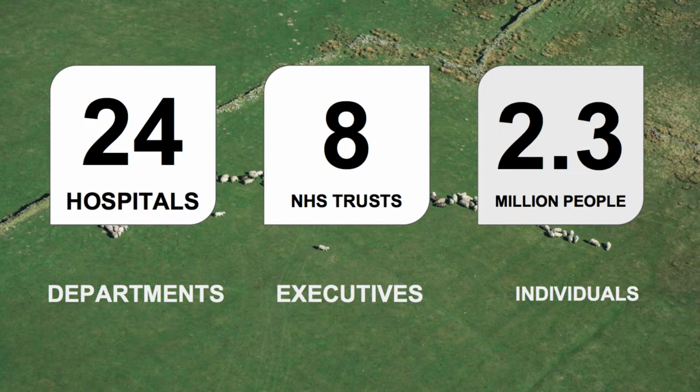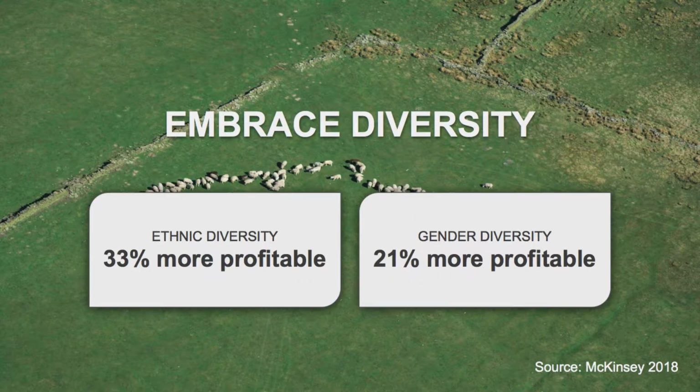The hospitals themselves are also individuals, all those different departments within them, different executives with very different goals, and of course the individuals, us, that work in them. Embracing diversity has been shown to produce better outcomes in terms of profitability in private business.